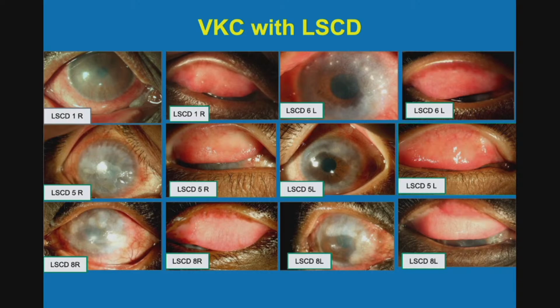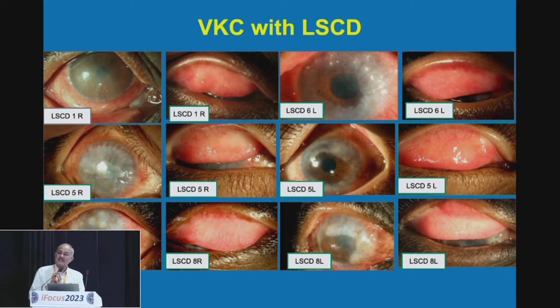Limbal stem cell deficiency. And once limbal stem cell deficiency sets in, you are basically blind, and the only treatment will be surgical with systemic steroids, immunosuppression, and a limbal allograft. And then it changes the whole equation. So therefore, do not think that you can treat these patients and save their cornea only by topical treatment.